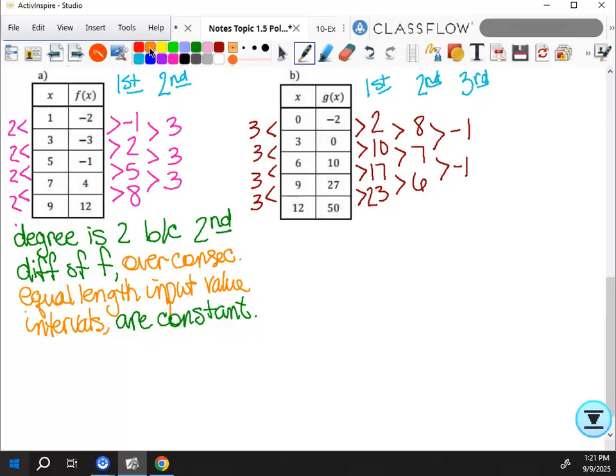So the degree is what? 3. Okay. So the degree is 3 because third differences, see how those match?